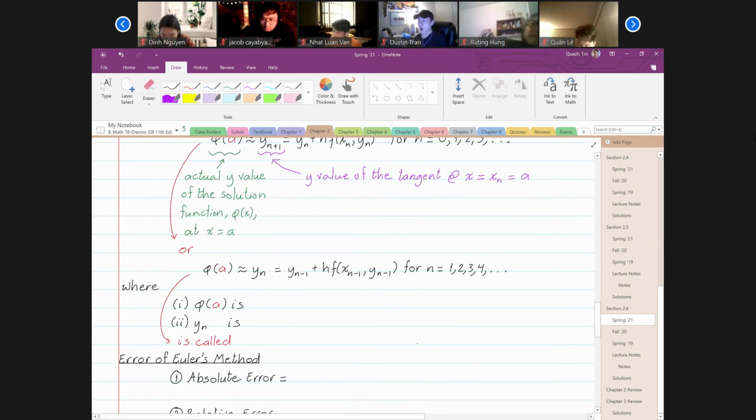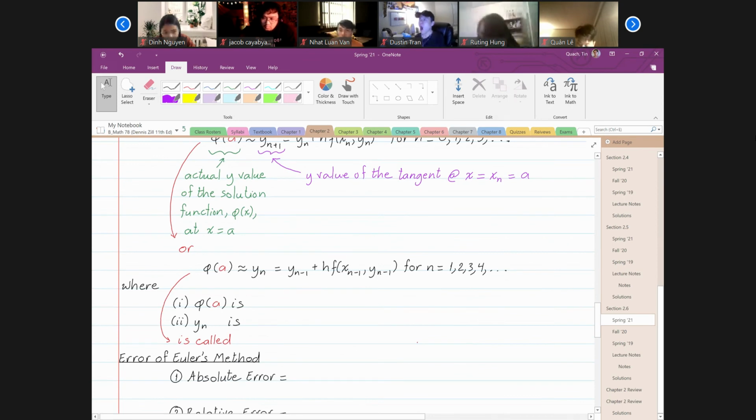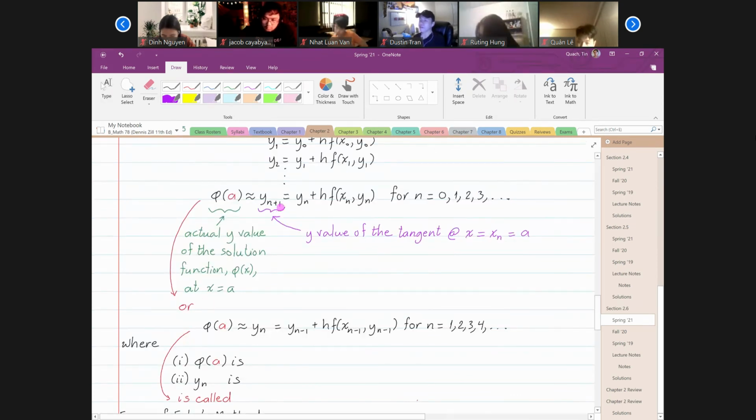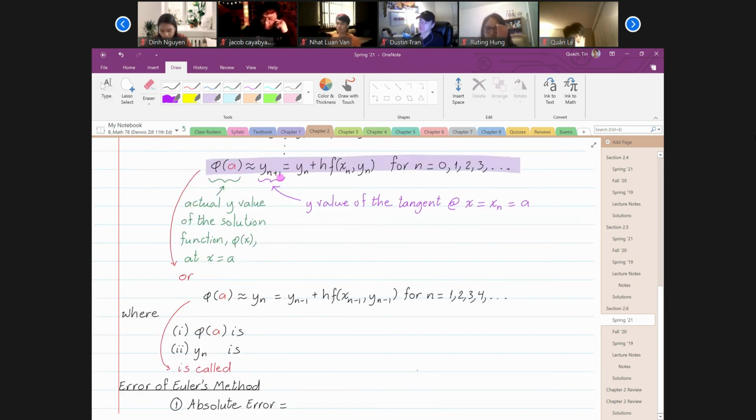Now, some textbooks, instead of using y sub n plus 1, write y sub n. But if they write y sub n, then on the right side, the subscript has to be one less, n minus 1.